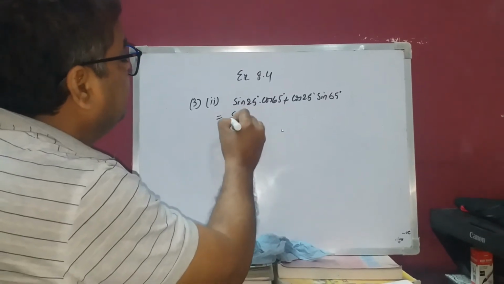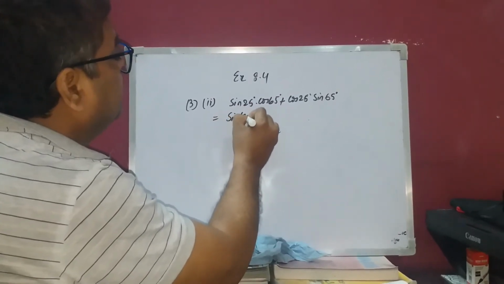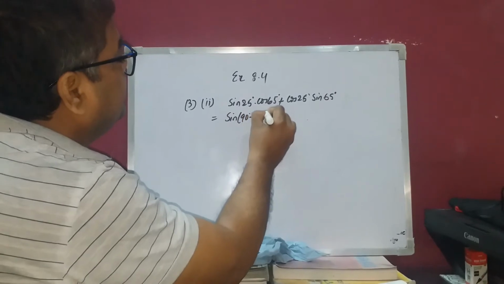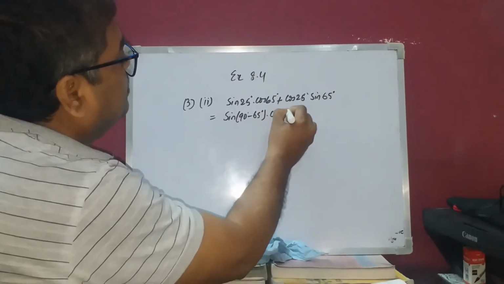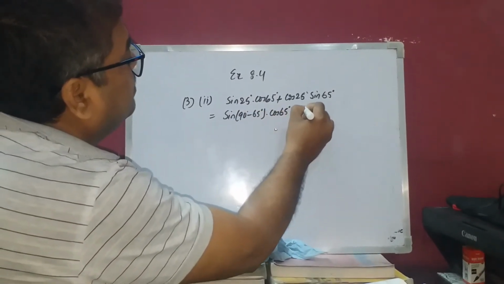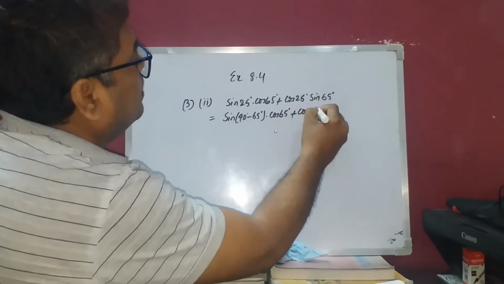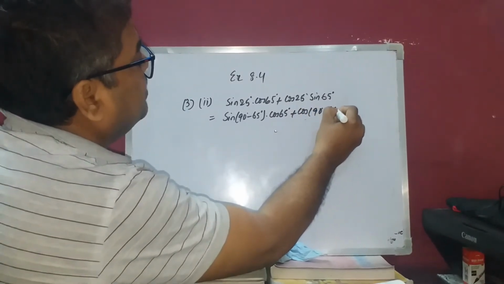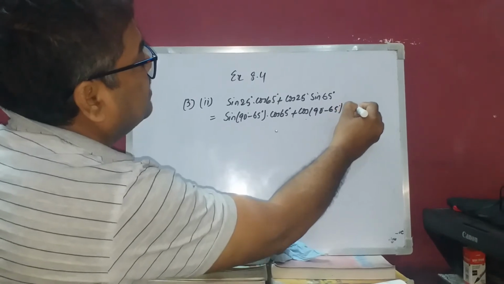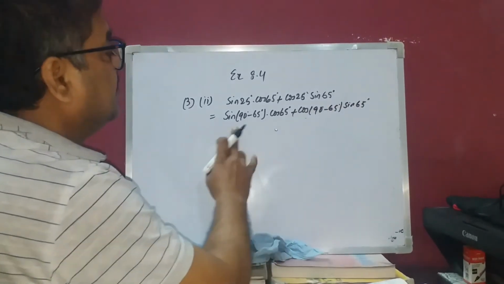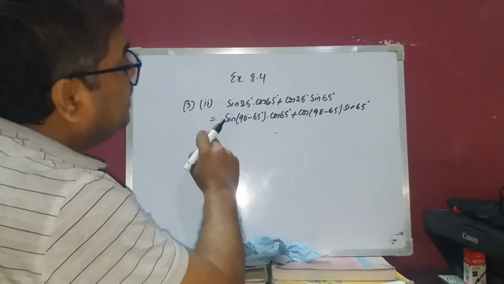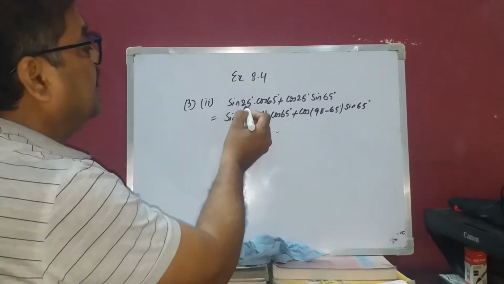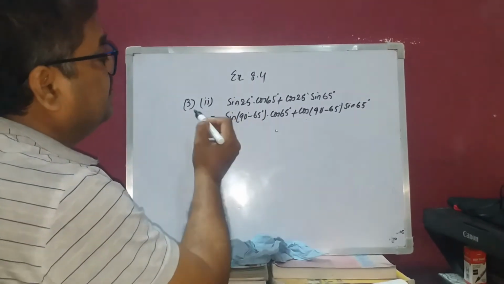So you will write here sin (90 degree minus 65 degree) cos 65 degree plus cos (90 degree minus 65 degree) into sin 65 degree. Dear student, you will only convert any one out of 25 or 65.